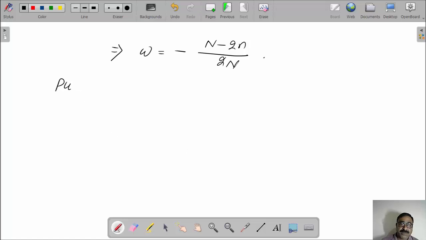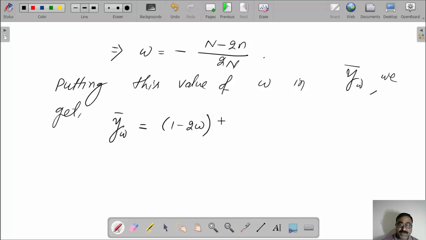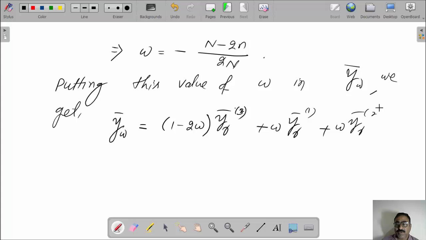So putting this value of W in y W bar, we get y W bar equal to (1 minus 2W) y r bar 3 plus W y r bar 1 plus W y r bar 2.